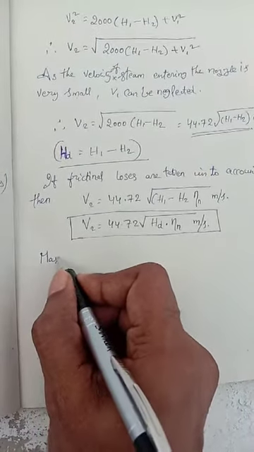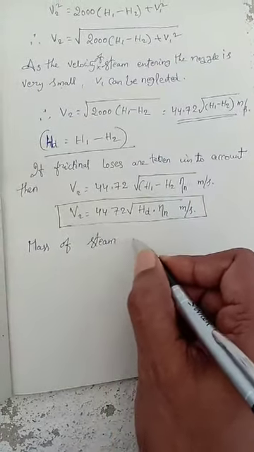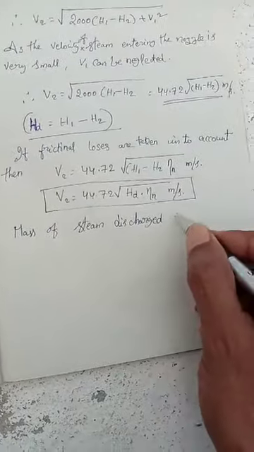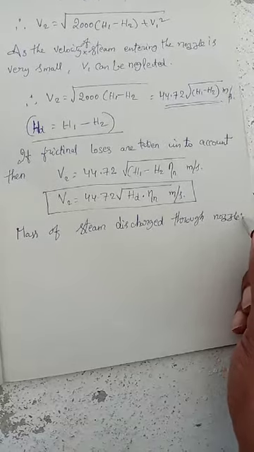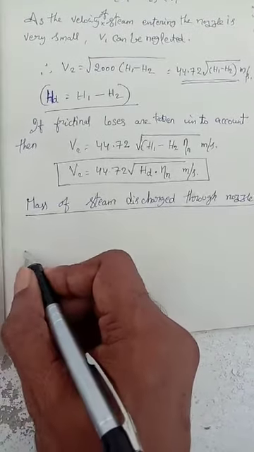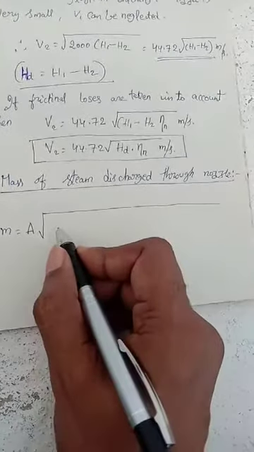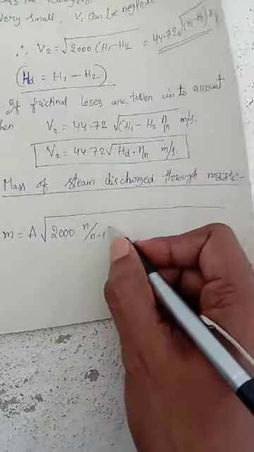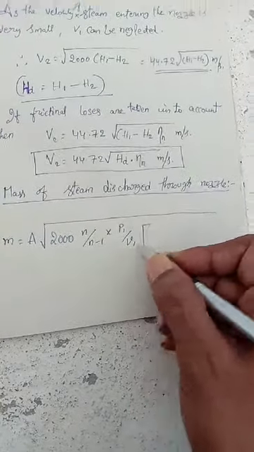Then we go for mass of steam discharged through nozzle. Then here I can write down the mass standard equation: root of 2000 n by n minus 1 into P1 V1, pressure and volume.